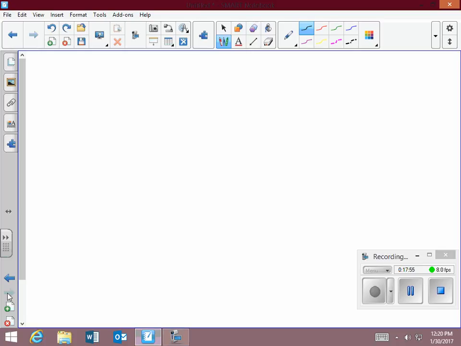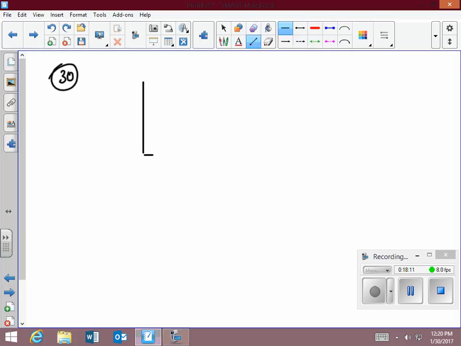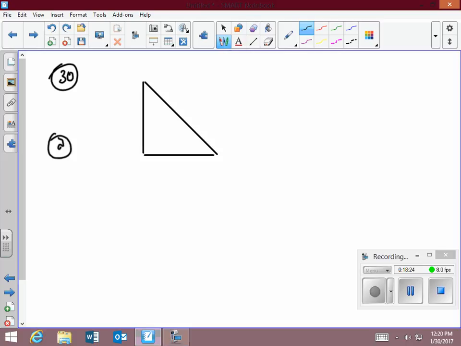Okay. So 30. So this triangle, it's an isosceles. So does the right isosceles triangle shown have a reflection symmetry?